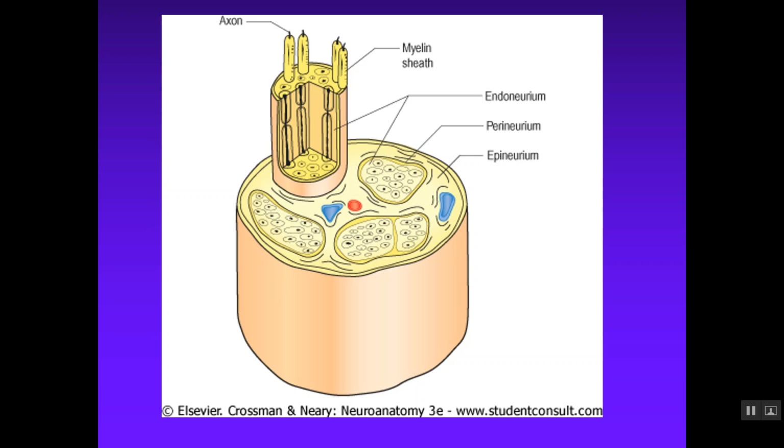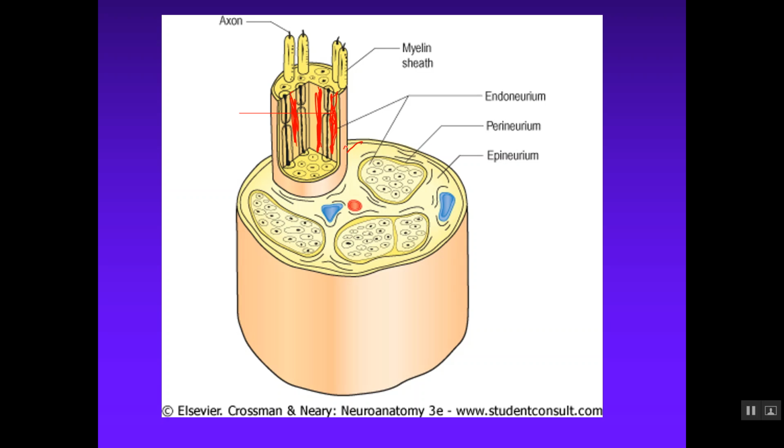So this shows you that picture here. Starting with the endoneurium, which is this stuff right here around the individual axons and the myelin. This substance in here is all endoneurium. Then you have perineurium.